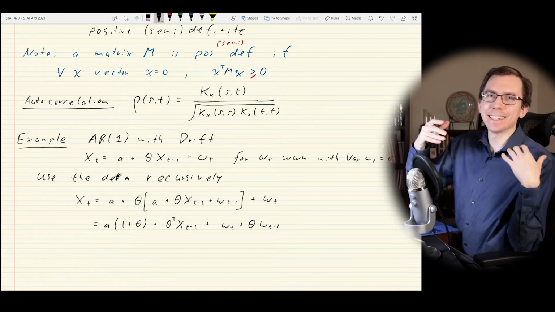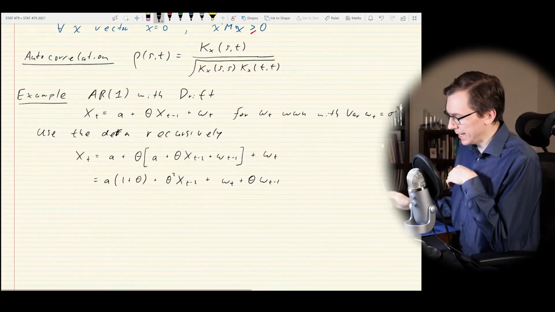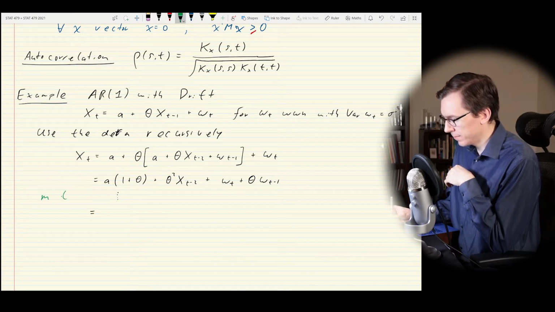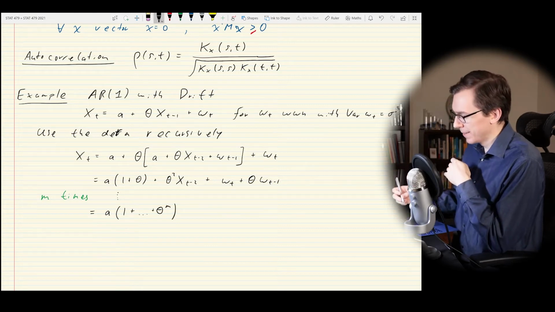All right, so you can imagine what's happening here if we repeat this, let's say m times. Then we get our a, and then we're going to have the sum from 1 all the way up to theta to the m. So that's the first bit.